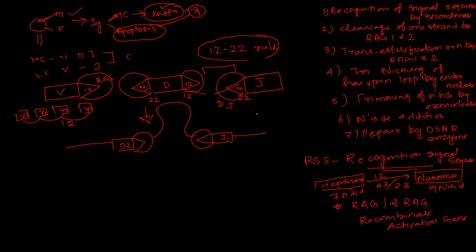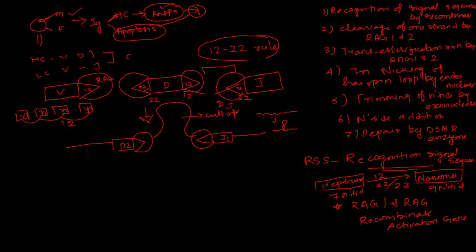Just consider you have a thread and you start pushing it from both sides. Now what will happen? It is going to form a loop. Similarly, this will form a loop, and the DNA between them forms a loop, and this gets cut off.